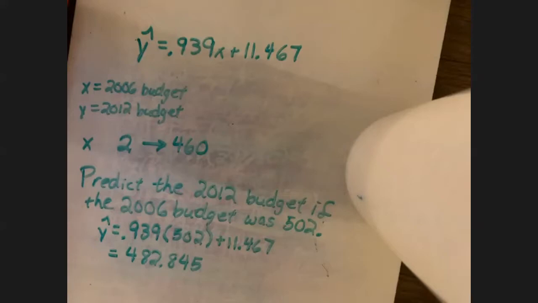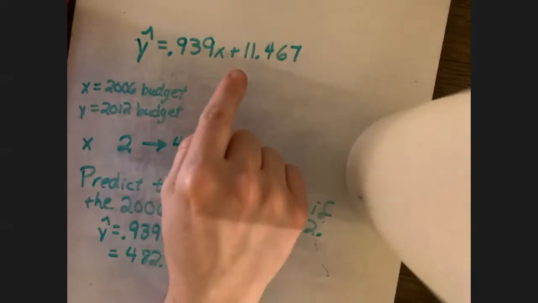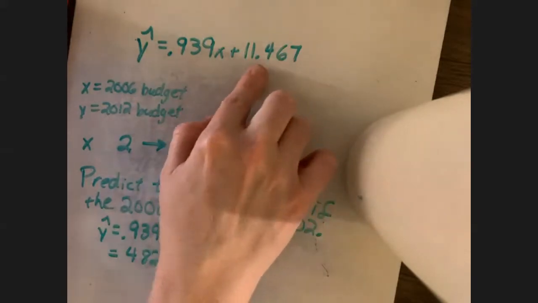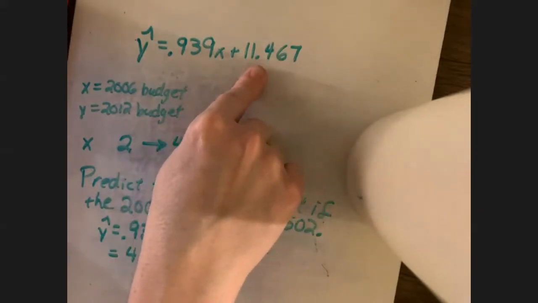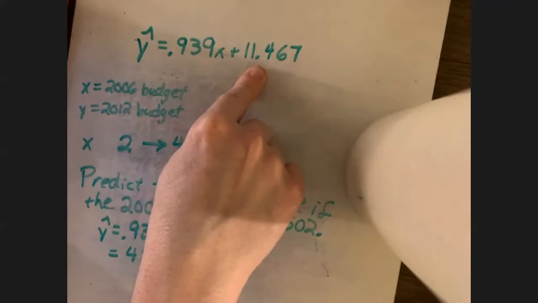Now, one of the things that also happens is they ask you to interpret these two values. I'm going to use this one for example. This number is what's called your y-intercept.